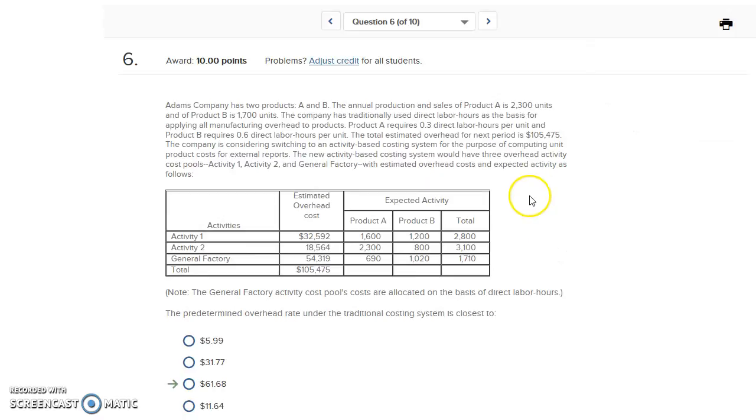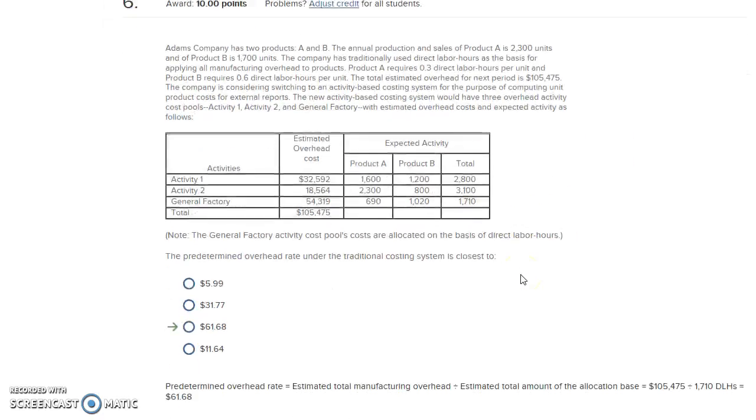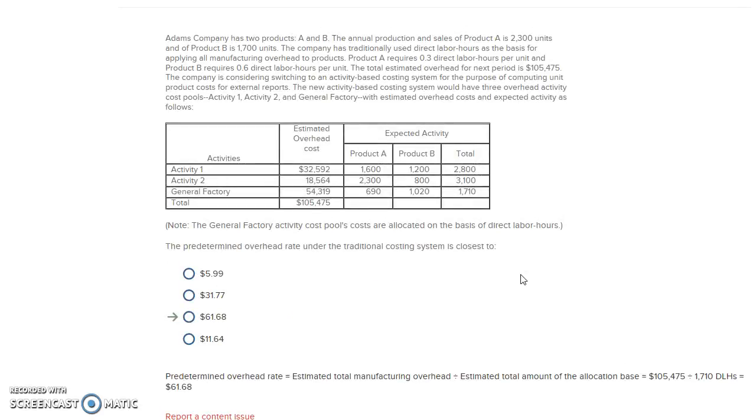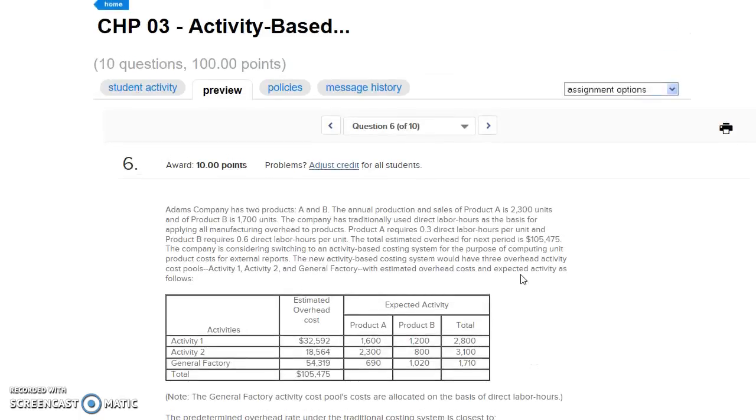Okay, I'm kind of running out of time with my allotted 15 minutes of free video time. So I just wanted to scroll down so you guys could see how the others are done. And actually, they're very similar to what we've been doing before. So the predetermined overhead rate here, that's how it's calculated for 6.